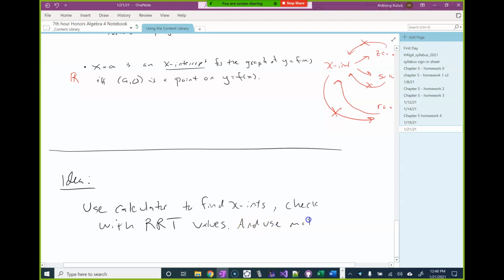Because we know anything that's also an x-intercept isn't necessarily always going to be a root, but the things that the rational root theorem gives us are guaranteed to be roots because they're all of the correct form. And we can do our synthetic division with those.